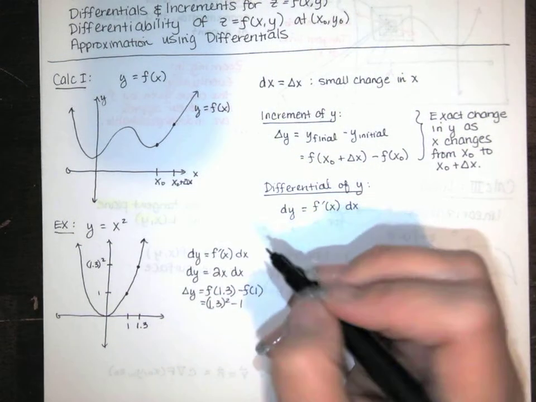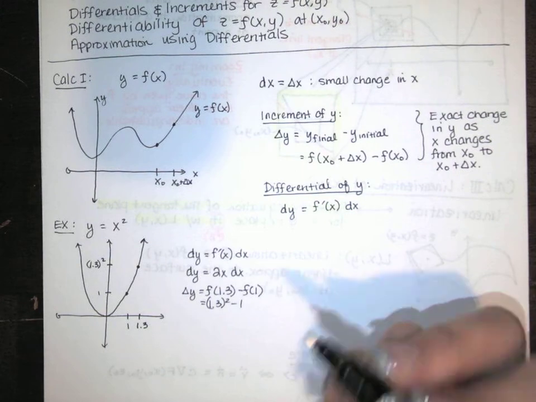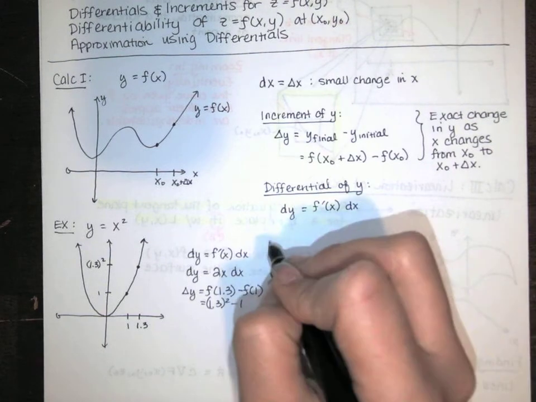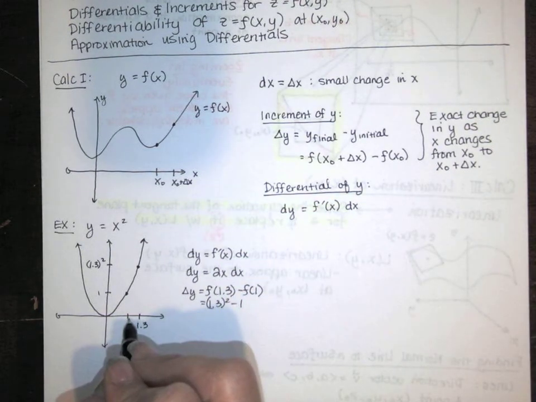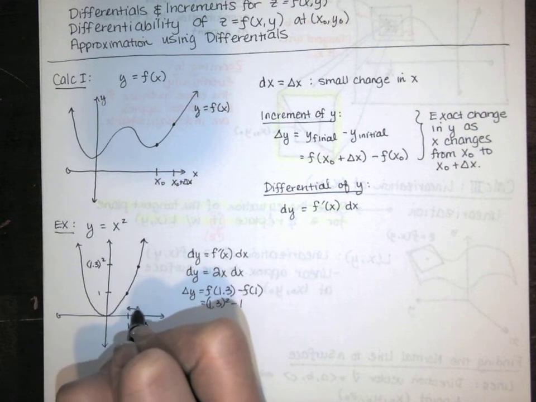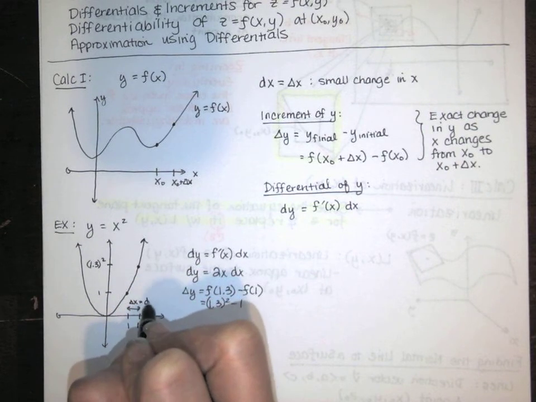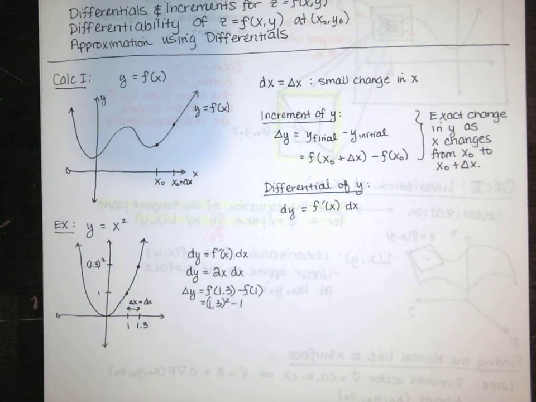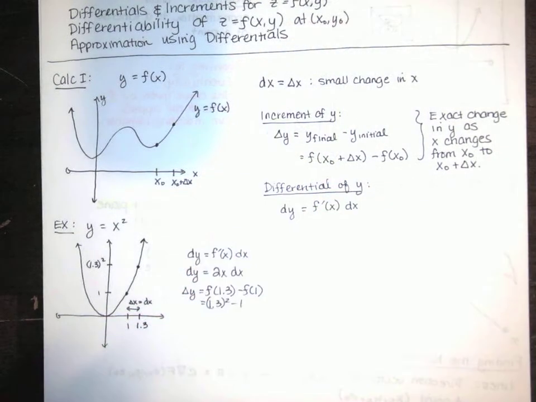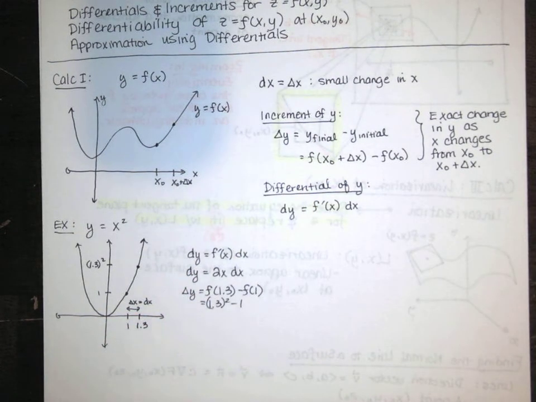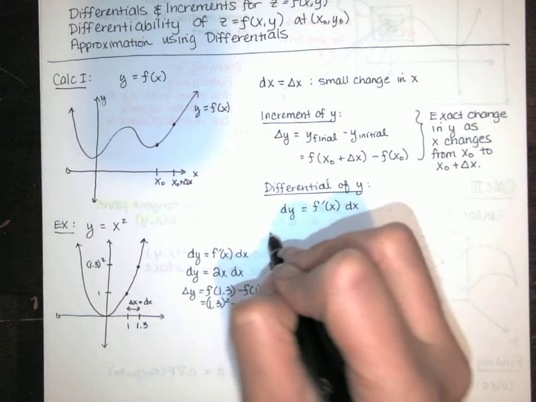Now, we can use the differential of y to approximate the change in y as x goes from here to here. So this is delta x. Sometimes we're calling that dx. And we're using those interchangeably because x is an independent variable. In this context, we're saying dx and delta x are the same thing. It's just making a little change in x.